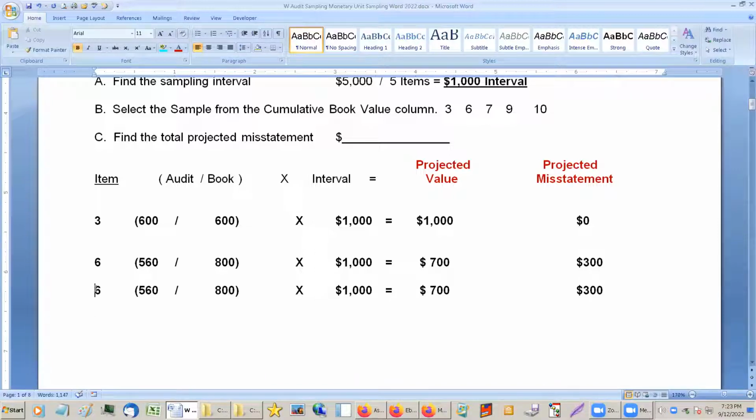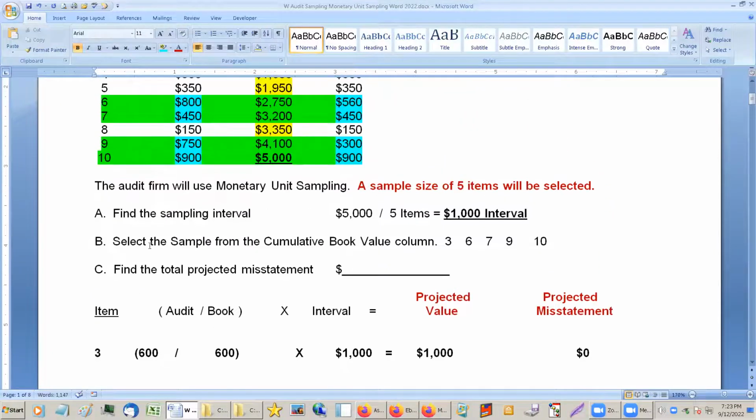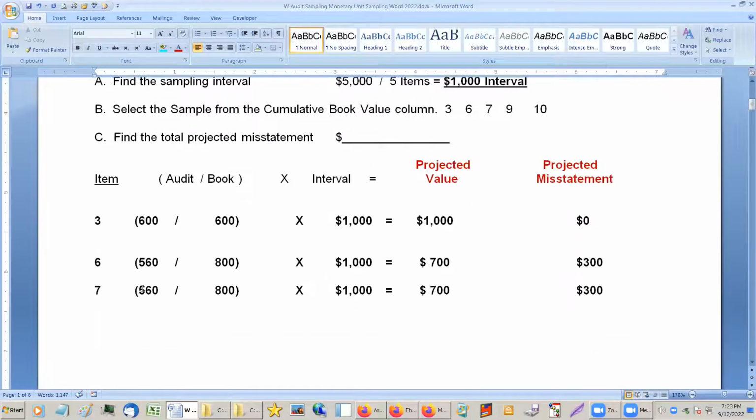Next one is number 7. And 7 is 450 and 450, so there's no problem with that one.